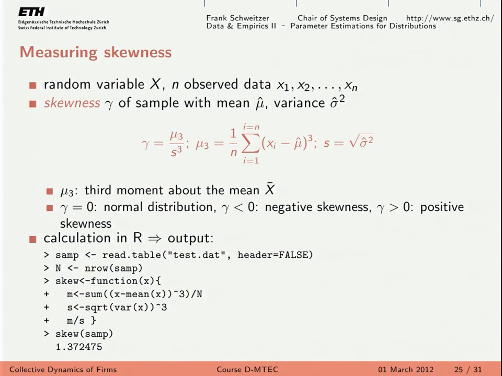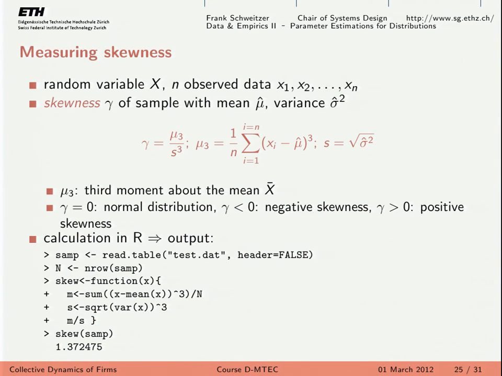So the gamma is defined as the third power of the mean divided by the third power of the sigma.